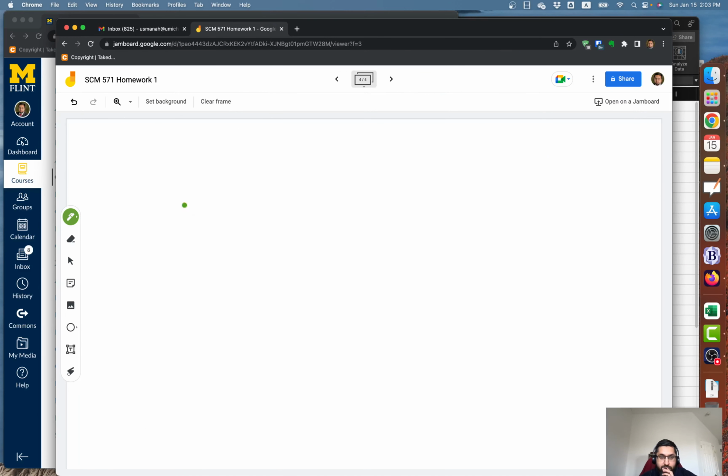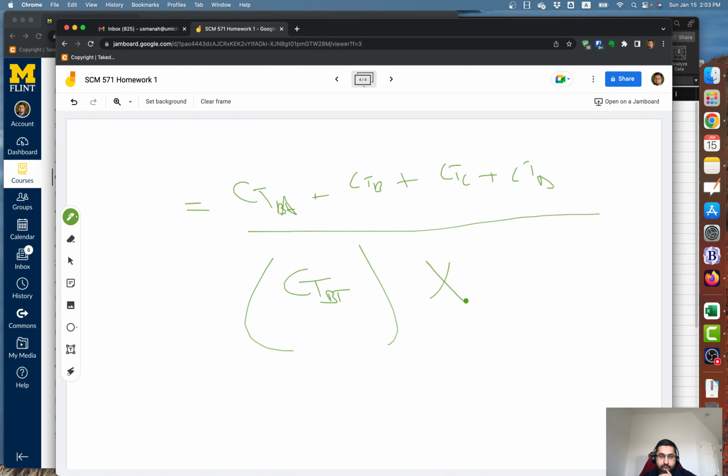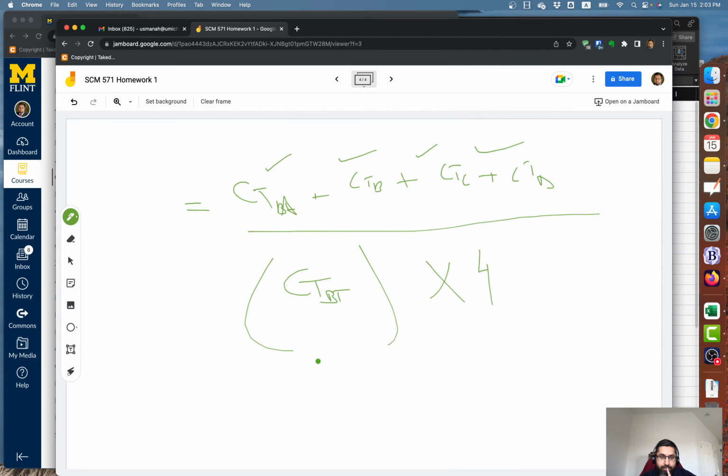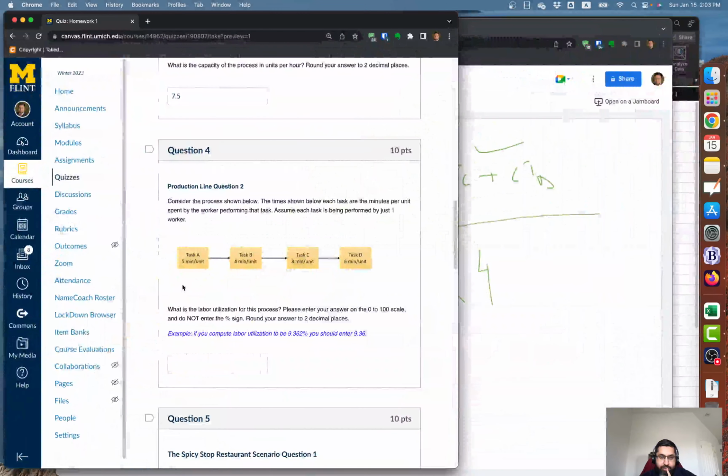What we're going to do is take the cycle time of each stage: cycle time of A plus cycle time of B plus cycle time of C plus cycle time of D, and divide that by cycle time of whatever is the bottleneck, which in this case I think is C, but whatever is the bottleneck, times how many stages did we have? So we have 1, 2, 3, 4, times 4. So that'll give you the average utilization for the process. Okay, so cycle time of A is 5.